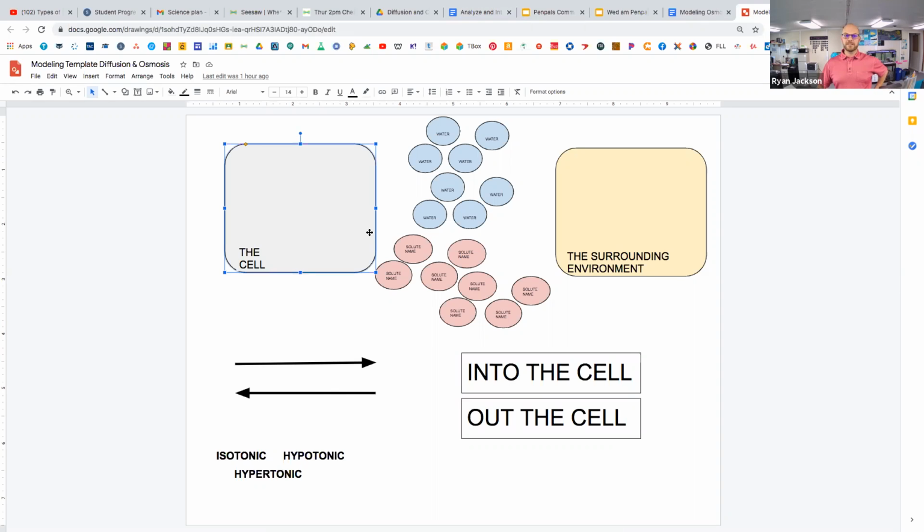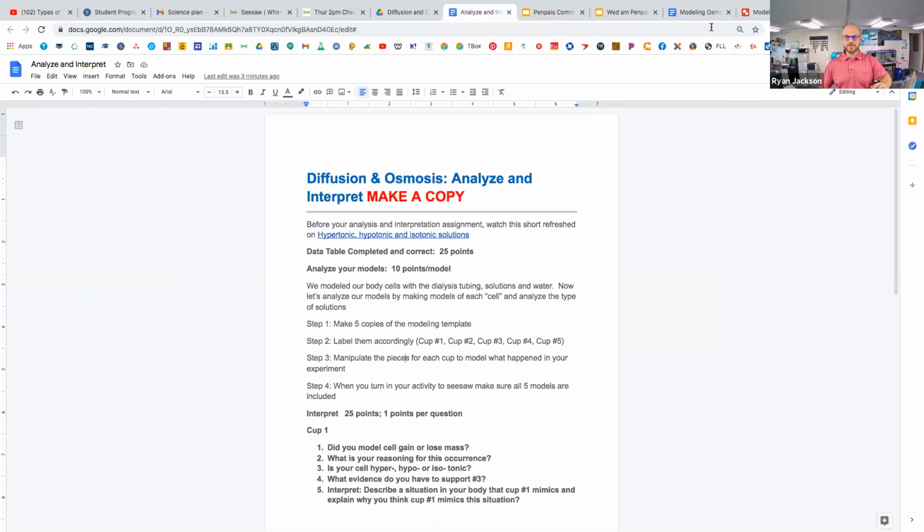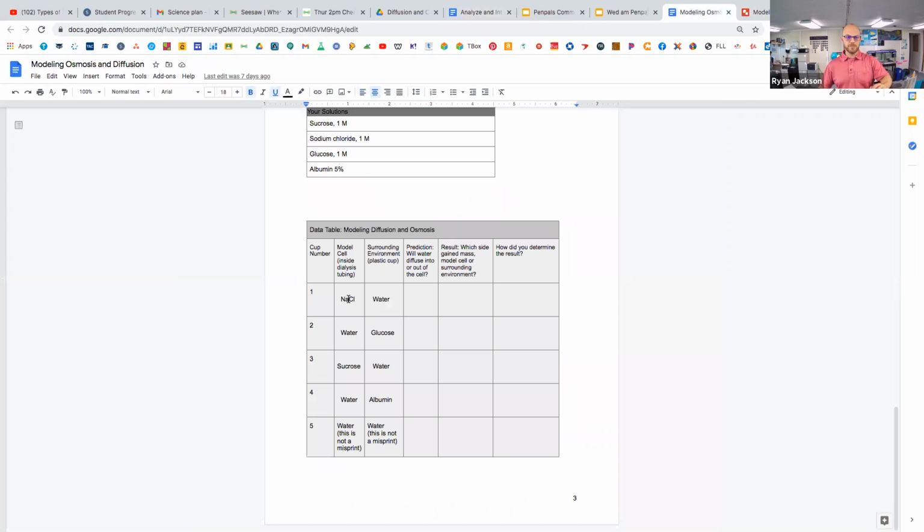And so these pieces can be shaped and resized, you're using Google, to what you need. You're explaining to me what happened through a model, so I can see it right away. So let's go back to your first one really quick. Your first one was supposed to be salt water in cup number 1 and water on the outside. So here's how you do this.